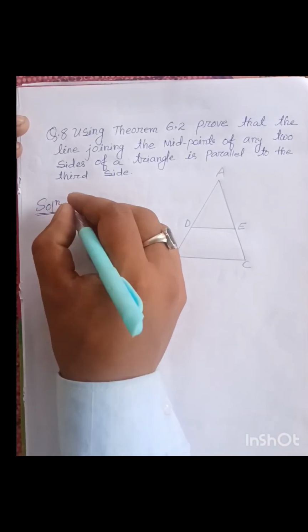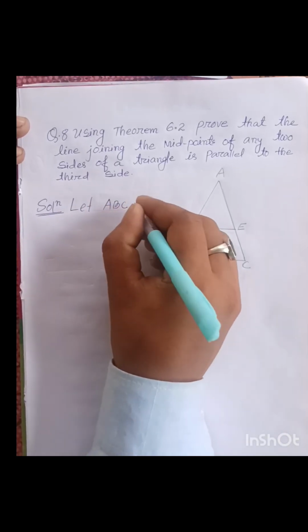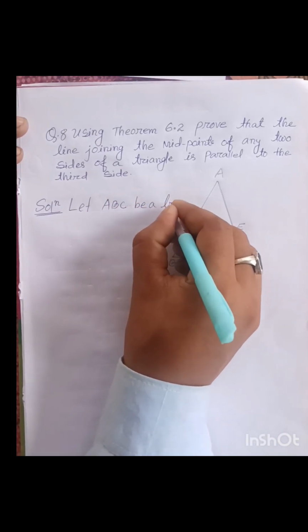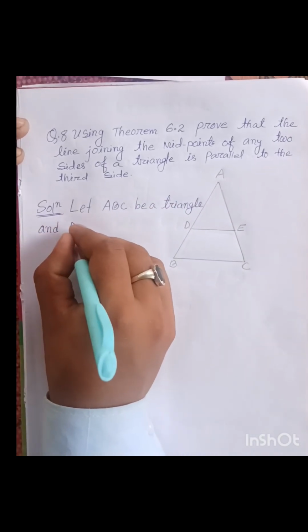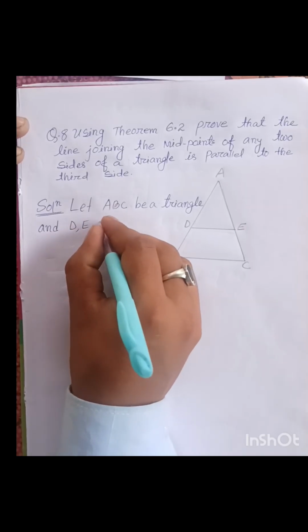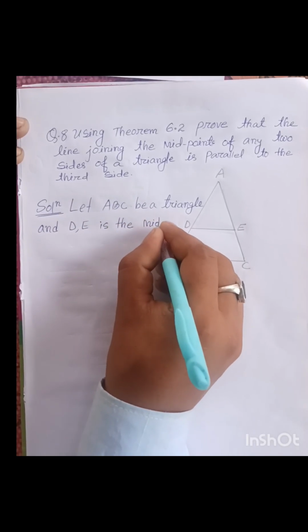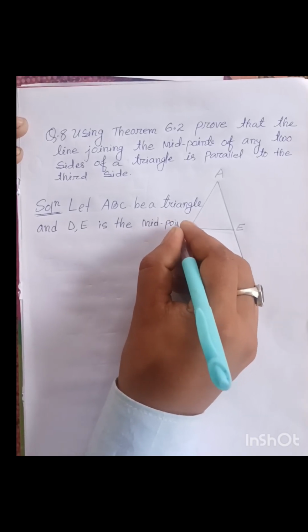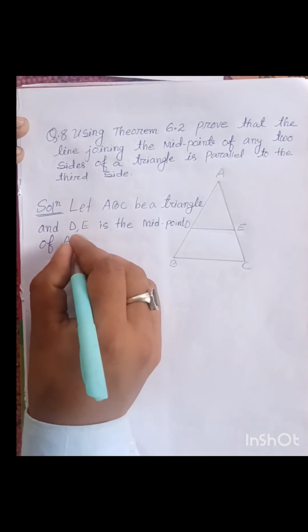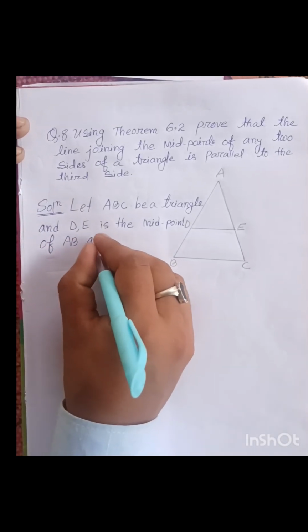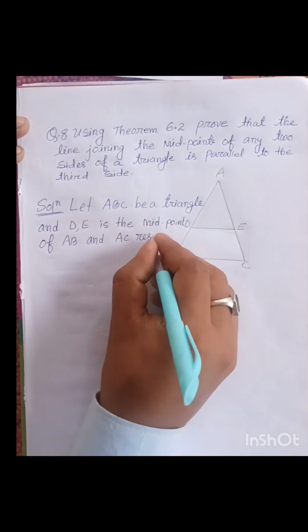So write first: let ABC be a triangle, and D, E are the midpoints of AB and AC respectively.